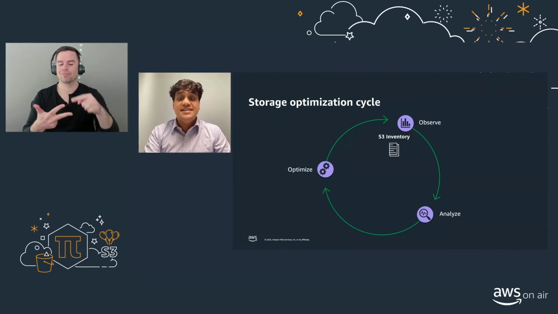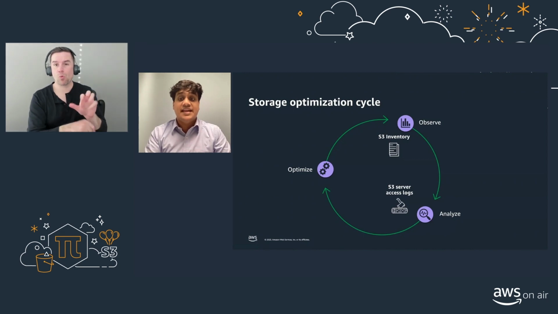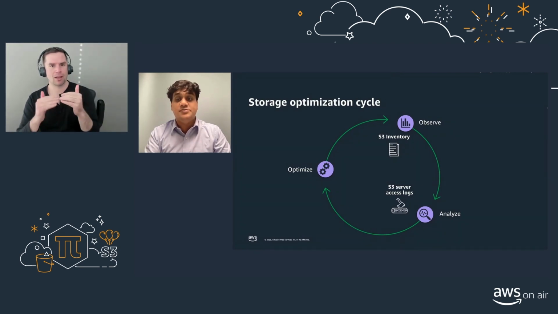Here, we dig deeper to isolate the bucket or workload which can be optimized. You can use a service like S3 Server Access Logs that provides detailed request logs at the bucket and object level.